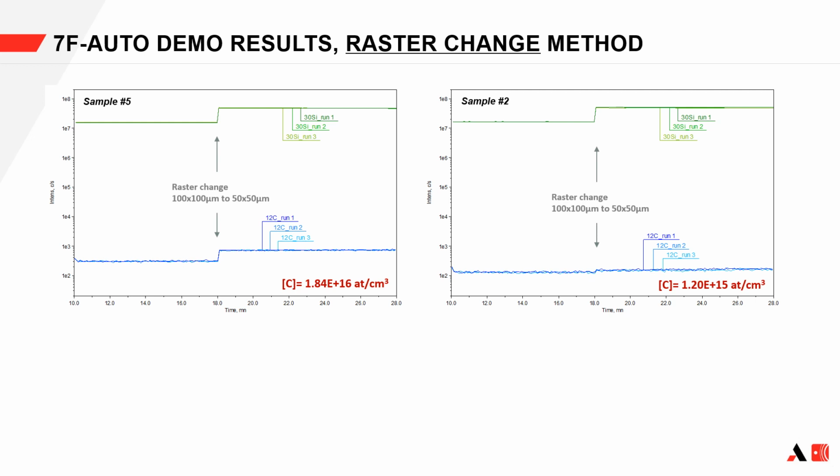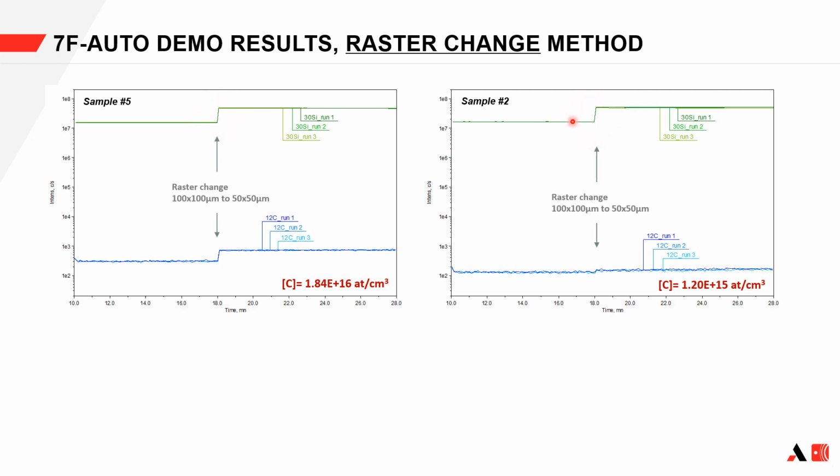This slide shows two depth profiles measured on both sample number 5 and sample number 2. These two samples correspond to the highest and the lowest carbon concentration cases. As explained before, the raster size was changed 15 minutes after the analysis started. Comparing these two profiles, we can see the jumping step of the silicon signal is almost the same in both cases.